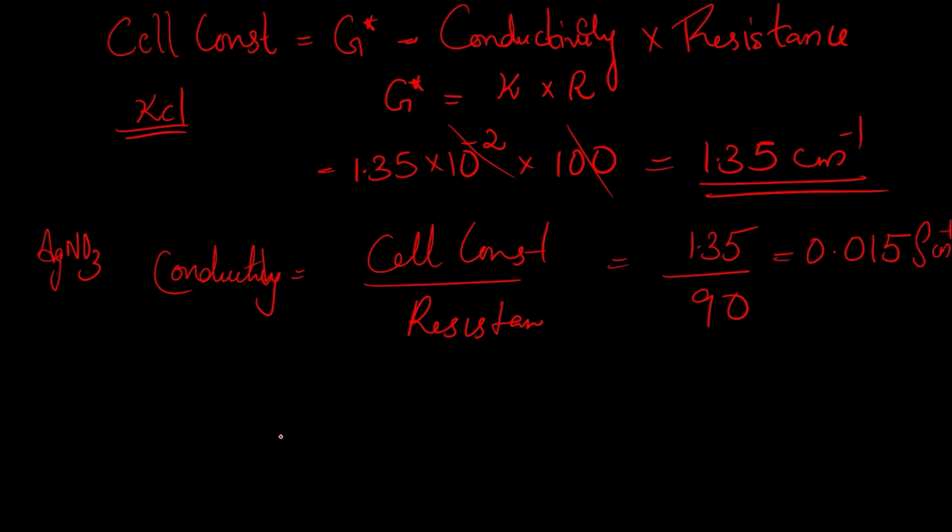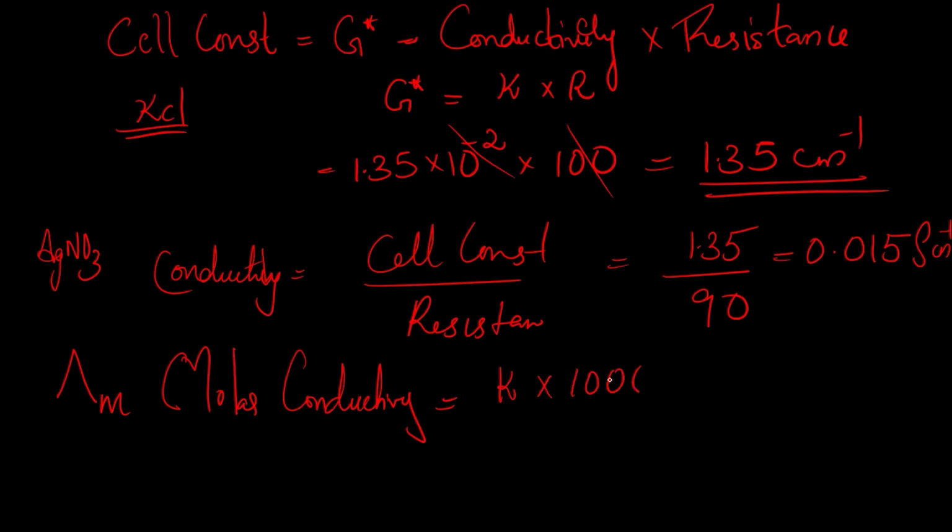So you get that. Then what you have to do? Now that you have the conductivity, you have to find the molar conductivity, lambda m. What is the equation to find the molar conductivity? It is equal to conductivity, that is K, times 1000 by C, where C is the concentration.